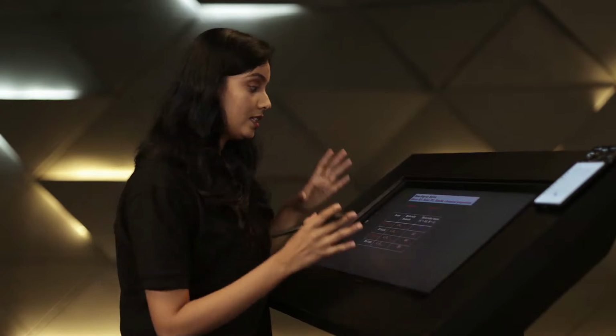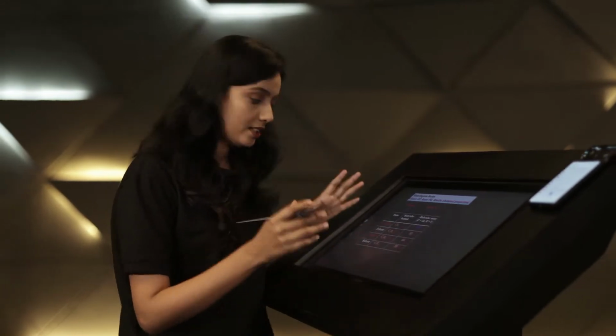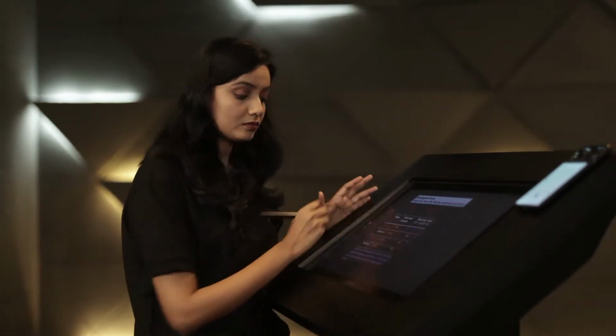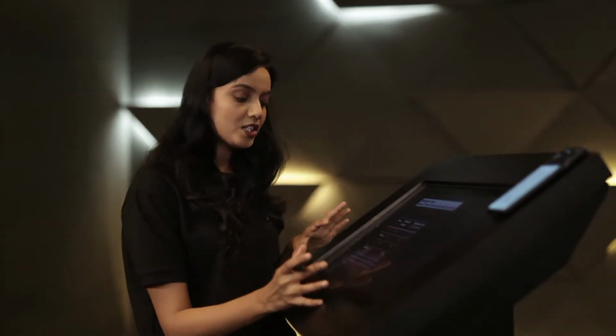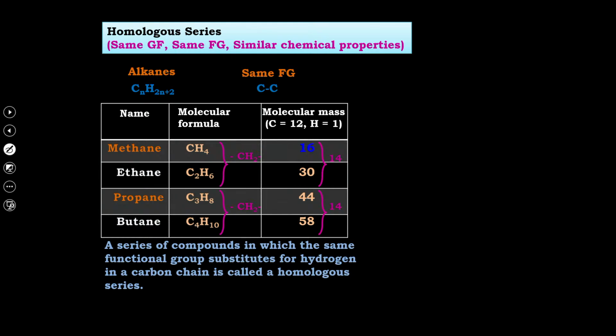So, this is about the homologous series. Okay. So, homologous series is the series of compounds in which same functional group is present, right, and the consecutive members differ by one CH2 group and mass by 14 units.